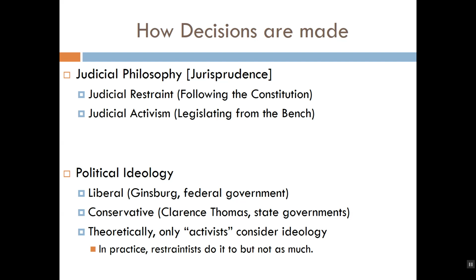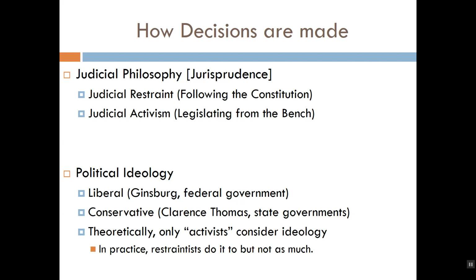And what we're going to find is that while it probably shouldn't, political ideology does play a big role in shaping how justices rule. They usually don't like to admit this, but statistically speaking, conservative justices tend to uphold conservative policies and strike liberal policies, while liberal justices tend to do the opposite.